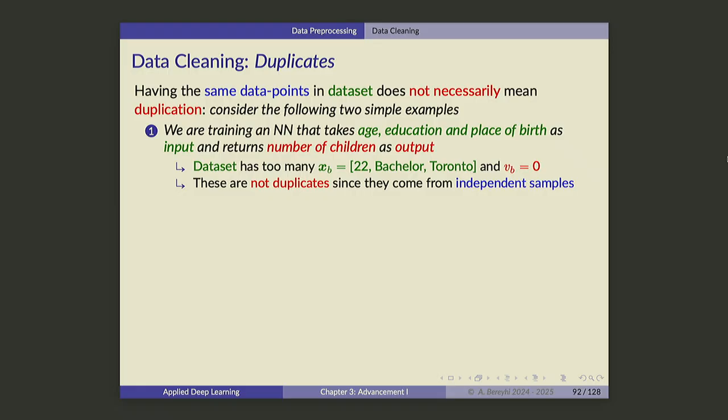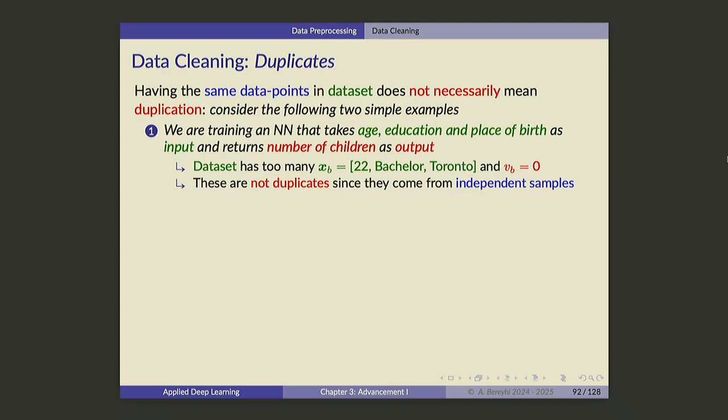So if you see lots of these people inside your data set, obviously this is not a duplicate. This is just indicating that the probability of this particular sample is high because you're collecting your data inside the campus of UofT. And if your data is just focusing on people at UofT, they are a good portion of people at UofT, so they should have high probability.